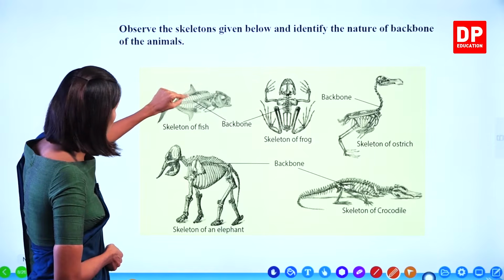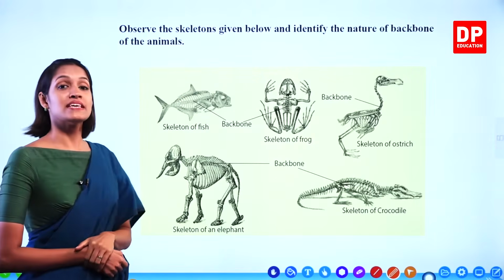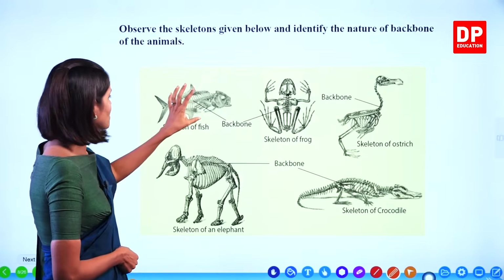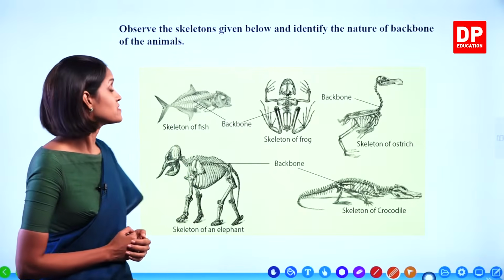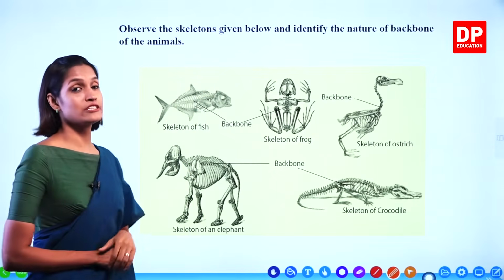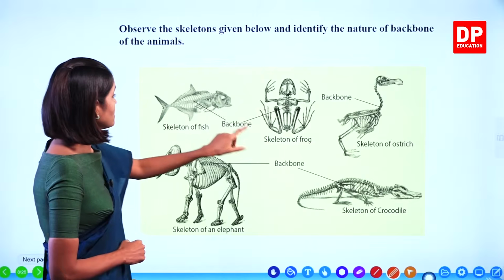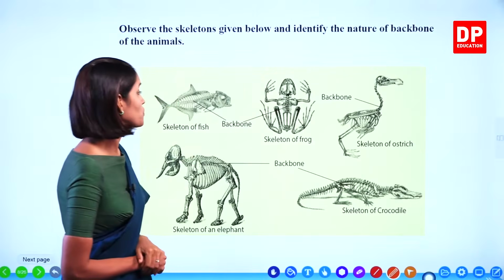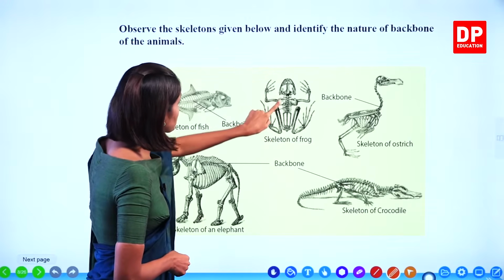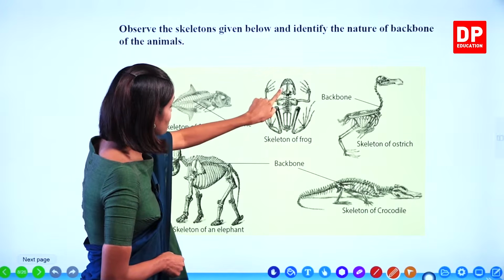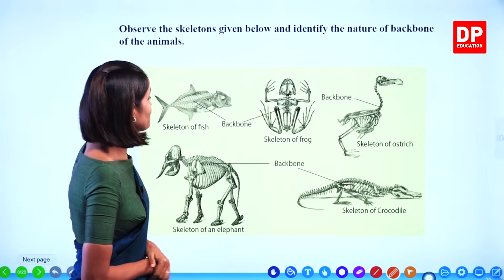These other tiny bones are connected to this central line of bones. You must have seen when you eat fish, especially small fish, this entire skeleton of fish, right? And this is a skeleton of frog. Frogs come under amphibians, right? So skeleton of frog, and this is the backbone or the vertebral column.